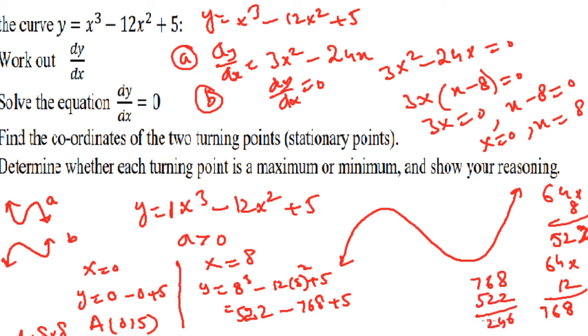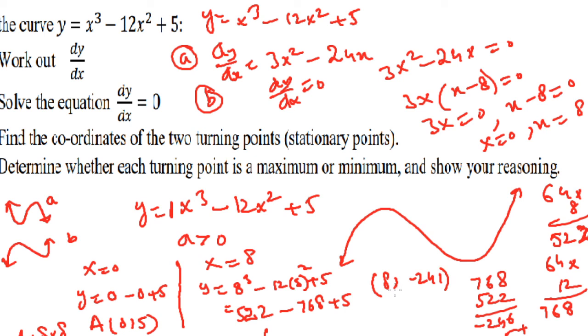This is becoming negative. Plus 5, it's becoming minus 251. So the y value is minus 251. So one point is 8 and the other value is minus 251.